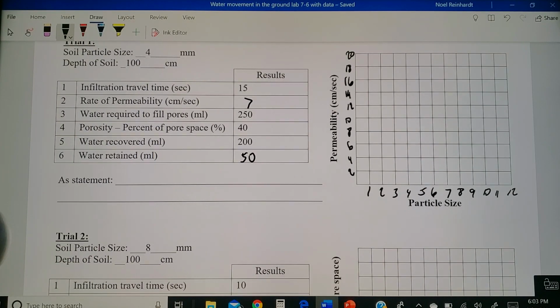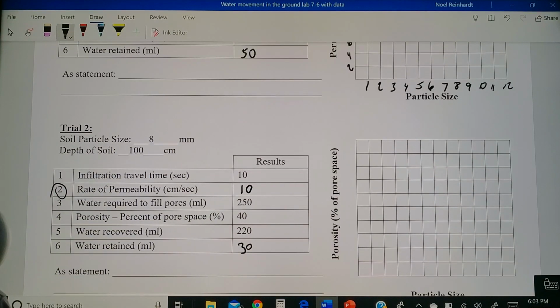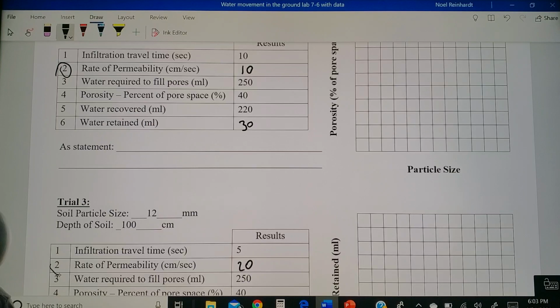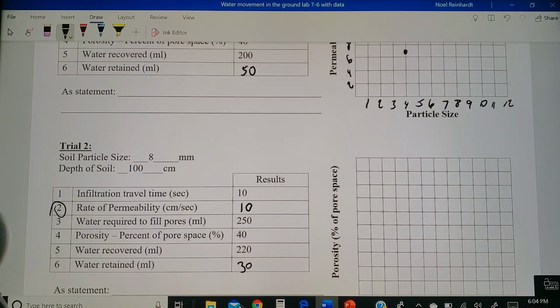So that's going to be this one, and this one. All right. So the first one for the 4 millimeter, you got a 7. So 4 millimeter up to a 7 is about here. For the second one, the 8 millimeter, we got a 10.